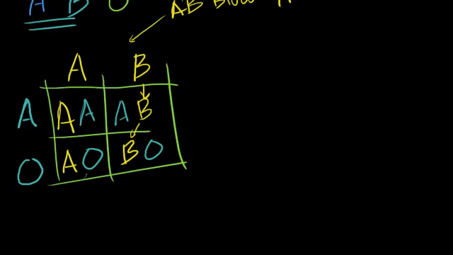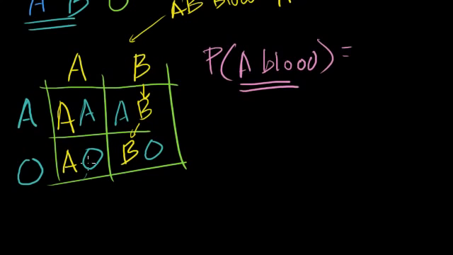So if I said, what's the probability of having an A blood type? Once again, we're talking about a phenotype here. So which of these are an A blood type? Well, this one definitely is, because it's AA. If you have two A alleles, you definitely have an A blood type.